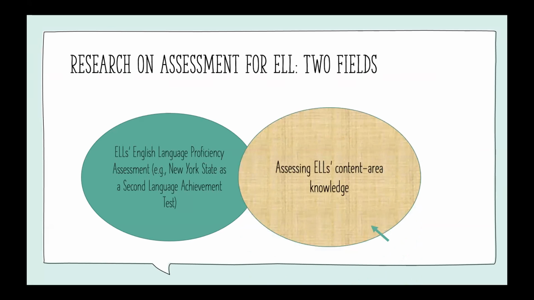The other type of assessment focuses on assessing English language learners' content knowledge. We call it content area assessment. Today for our workshop, we will focus on content area assessment, which means how to assess English language learners in science, math, or social studies, because we cannot cover everything in today's workshop.